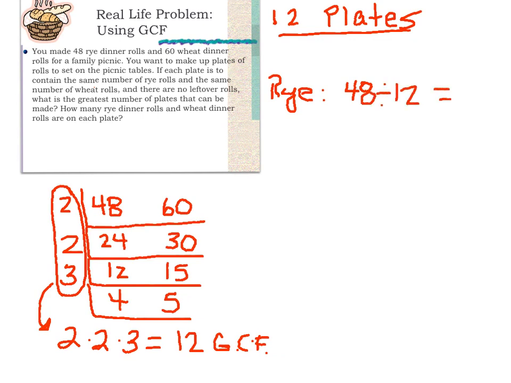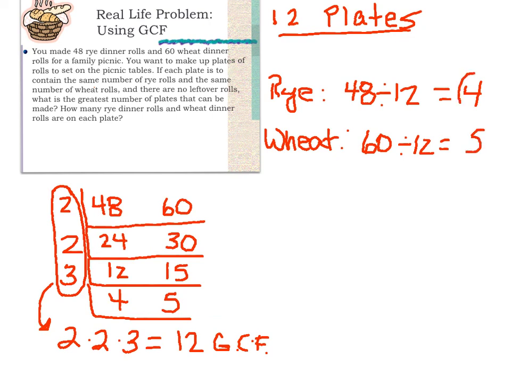Okay, 48 total rolls, 12 plates, so 48 divided by 12 is 4. So that means there's going to be 4 rye rolls on each plate. Then I'll take the wheat. I know that there are 60 wheat buns total, and I want to split those buns onto 12 different plates. And I know that 60 divided by 12 is 5.